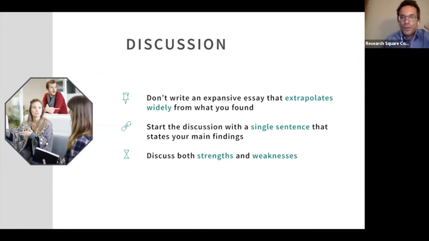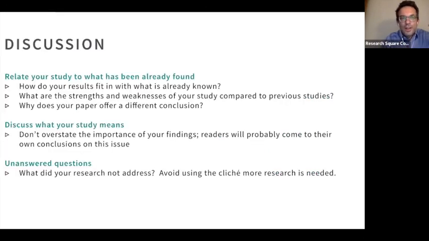Start your discussion with a single sentence that tells the reader your main findings. Don't forget to report your negative results. Don't forget to report your strengths and your weaknesses. These things show peer reviewers that you're on top of the field, that you know what you're doing, that your study is robust. So relate your study to what's already been found.